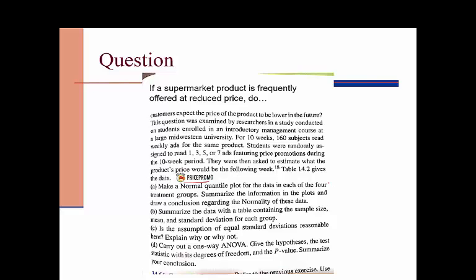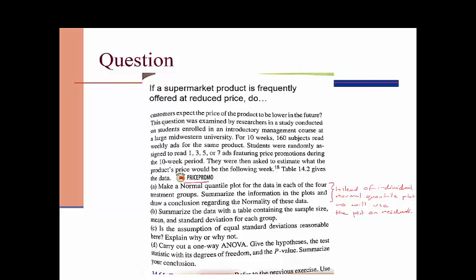Okay, so instead of individual normal quantile plots, we will use the plot on residuals. That will test for all of them in one go.